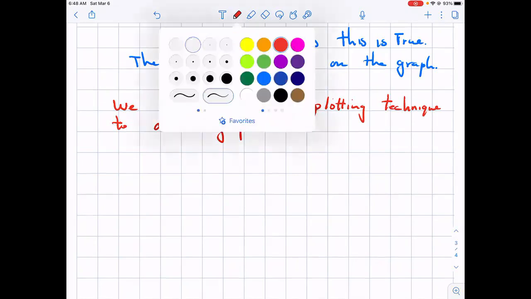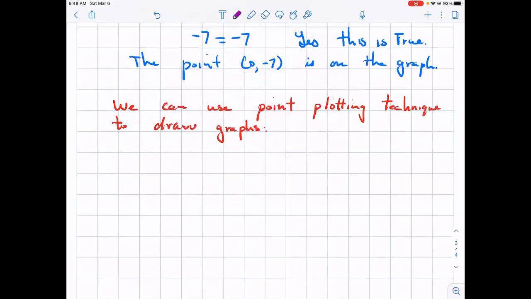The method that we're referring to is the point plotting method of graphing.